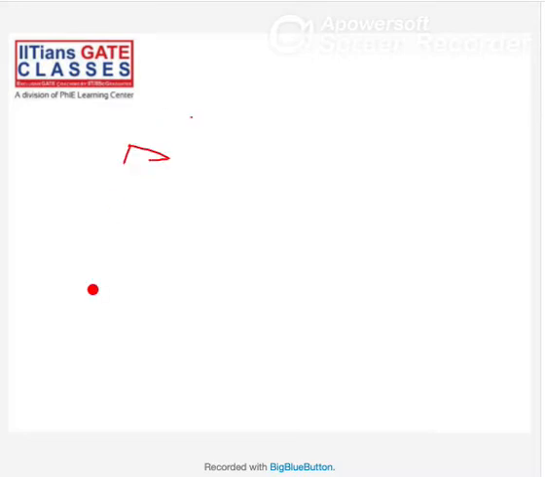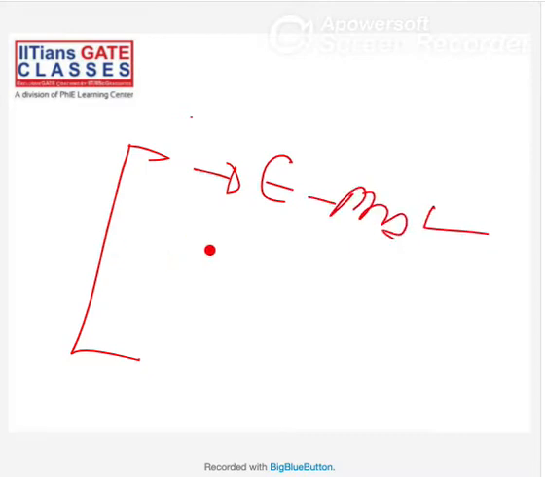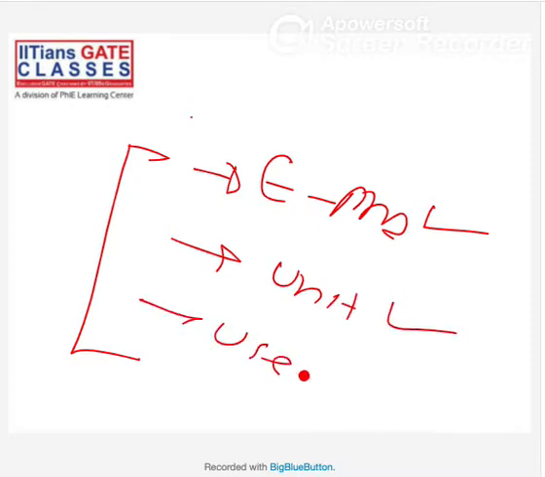Whenever you are simplifying a grammar, let's assume you want to remove null production, unit production, and useless symbols, then in which order should you apply these algorithms? This is the order: first you remove null productions, then you remove unit production, then you remove useless symbols.